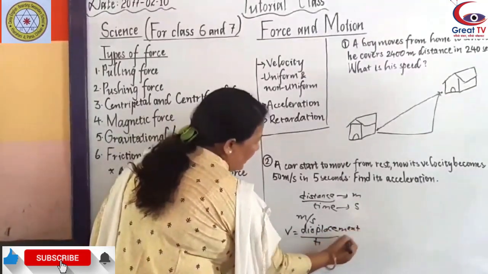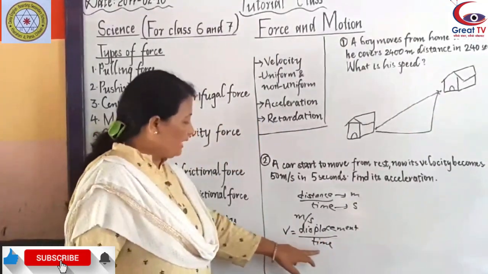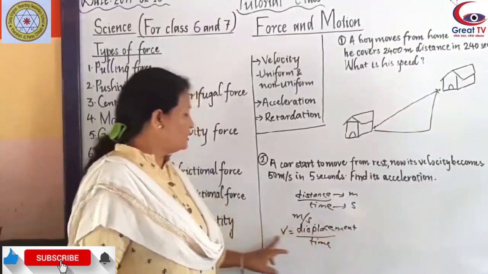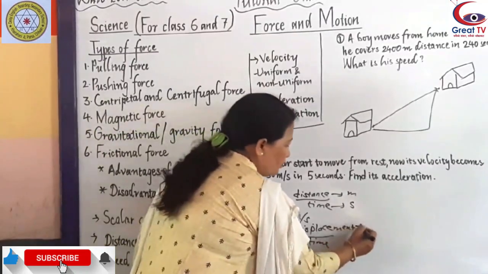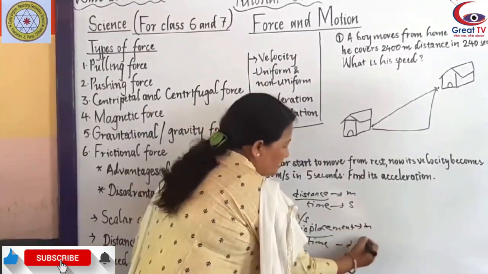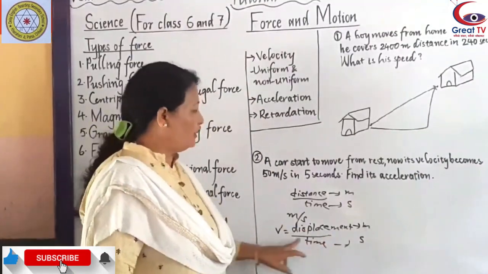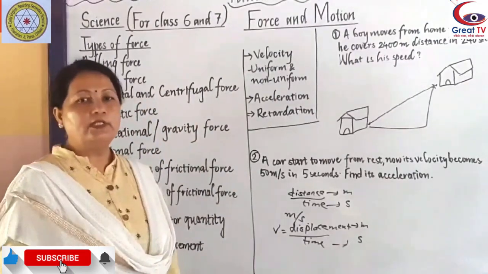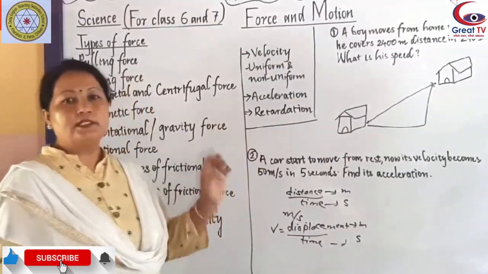The SI unit of displacement is also meter and time is second, so the SI unit of velocity is meter per second. Velocity is a vector quantity because it has both magnitude and fixed direction.